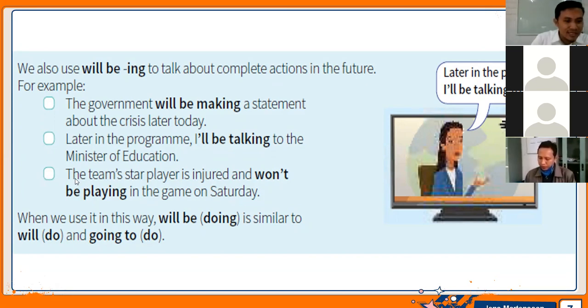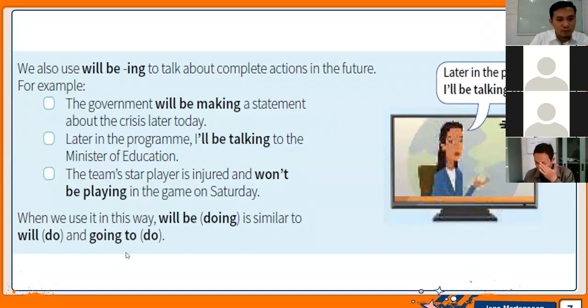Okay, the third example: the team's star player is injured and won't be playing in the game on Saturday. Won't be playing, also future continuous tense. When we use it in this way, will be doing is similar to will do and going to do, like the simple future tense we studied before.